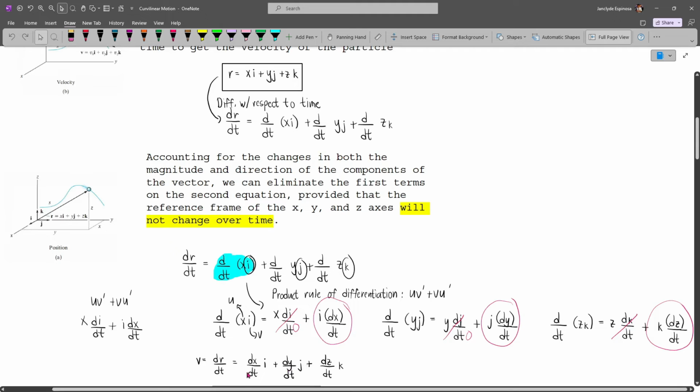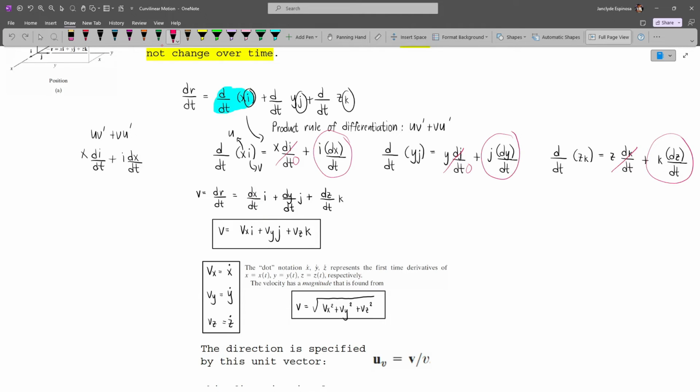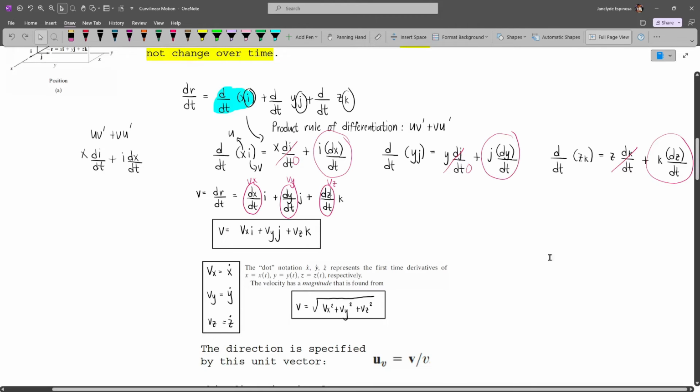So we have dx over dt of i plus dy over dt of j plus dz over dt of k. And since we know that dr over dt is just equal to v, let's change this to v. So we have v equals, dx over dt is just Vx, this is Vy, and this is Vz. And so we have this: v equals Vx i plus Vy j plus Vz k.